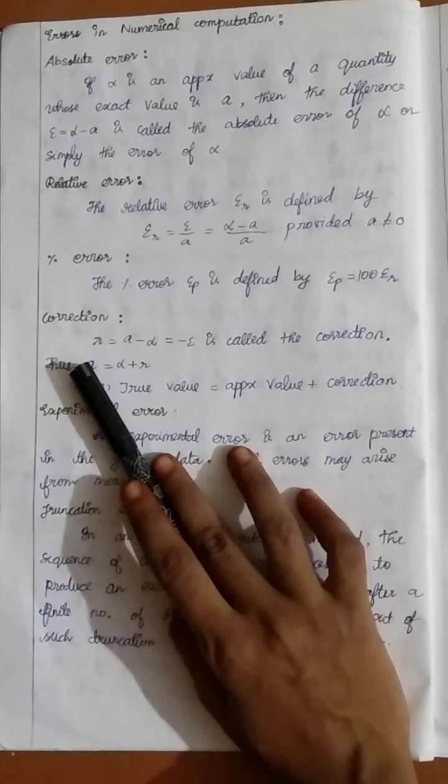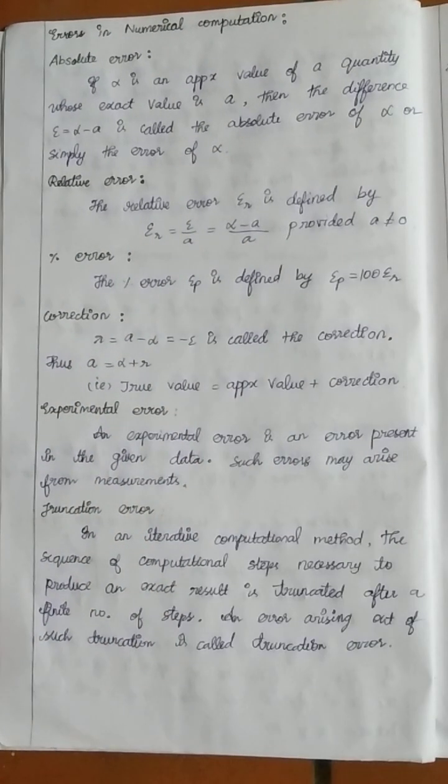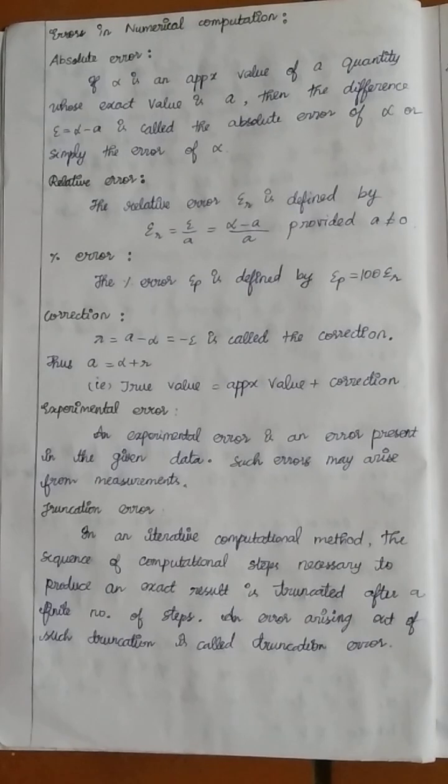Now we have something called correction. That is nothing but minus epsilon. It's like I'm having 2.5233 instead of 2. So my correction will be what? 2 minus 2.5233, so that is minus 0.5233, and that will be the correction.